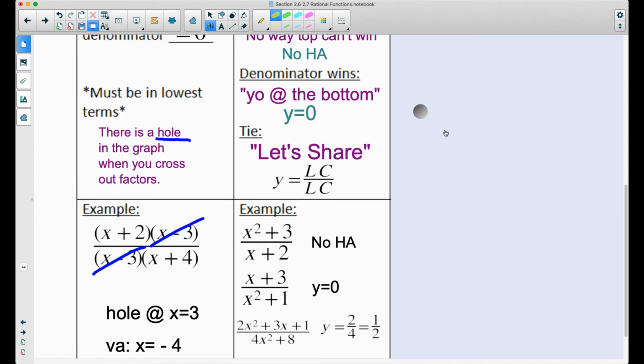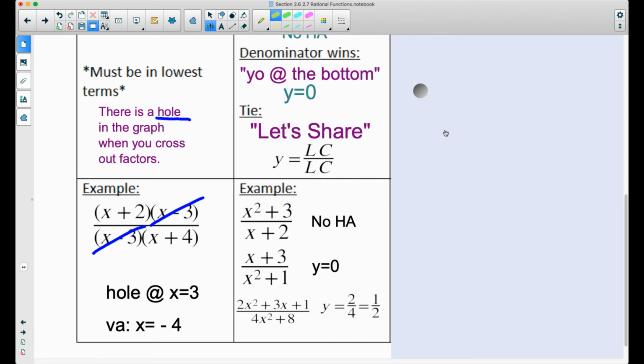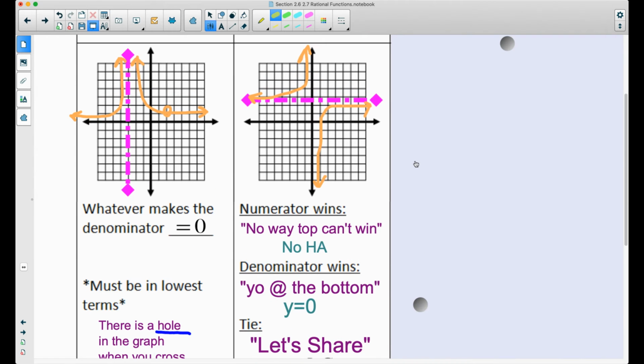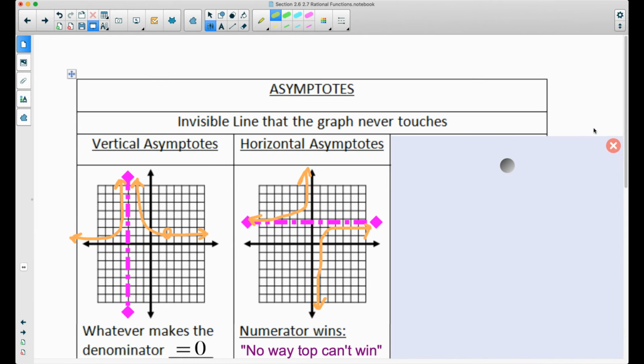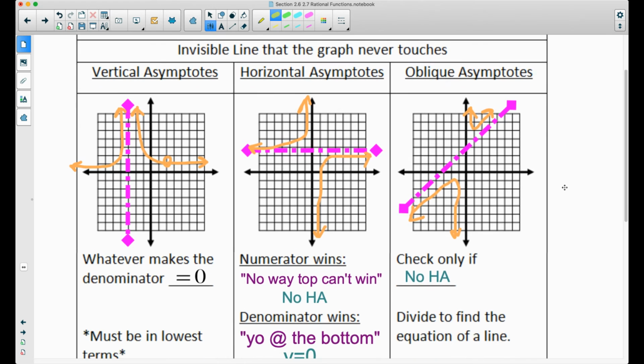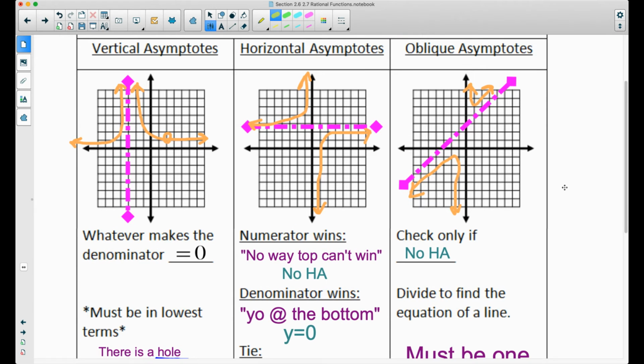All right, so now there is a special asymptote that stems from this example right here. If you have no horizontal asymptote, there is a possibility to have an oblique asymptote. An oblique asymptote is also called a slant asymptote because it's literally a slanted line.